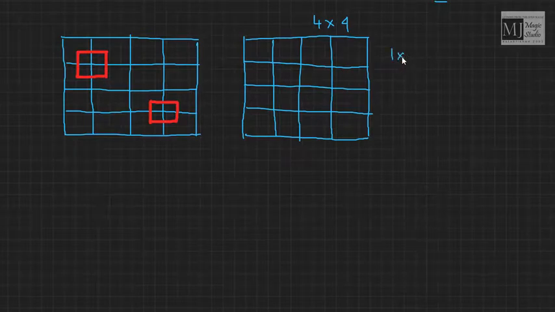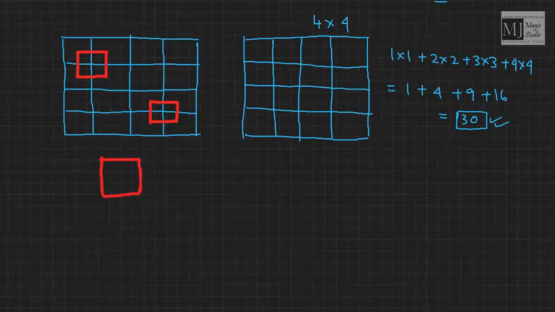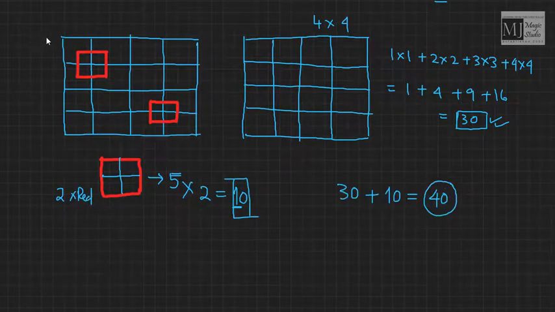We know that. 1 into 1. In this particular figure set, we have got 40 squares.